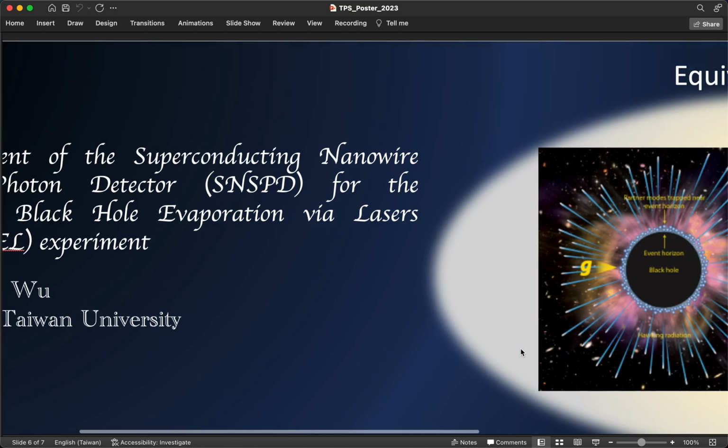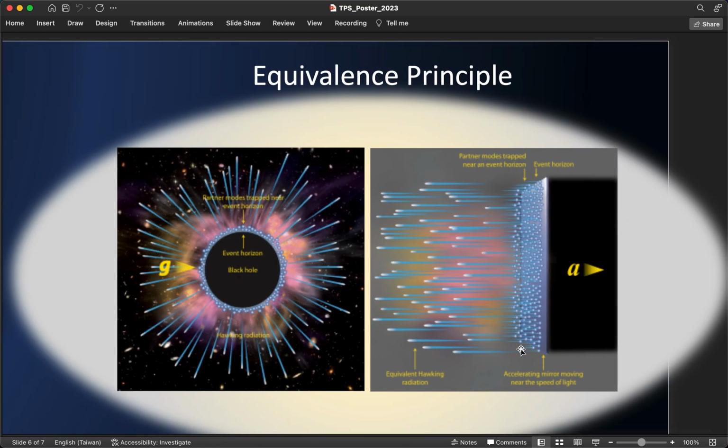So first, from the equivalence principle, you can see that on the left-hand side is the ordinary Hawking radiation, where we have the event horizon here, and the partner modes are trapped within the event horizon, and the Hawking photons would escape and radiate.